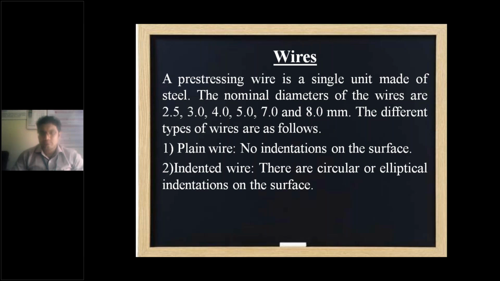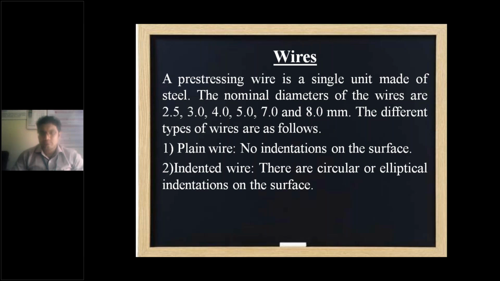Because here the wire is not going to be in contact with the concrete within the beam, segment, or girder. So that's why wire can be plain. Plain surface is enough, with no indentations on the surface. Indented wires are circular or elliptical indentations on the surface. That is how you use these kinds of wires for post-tensioning particularly.